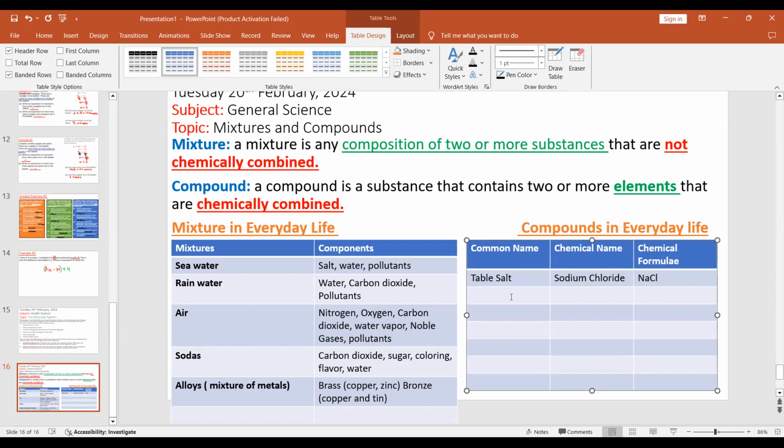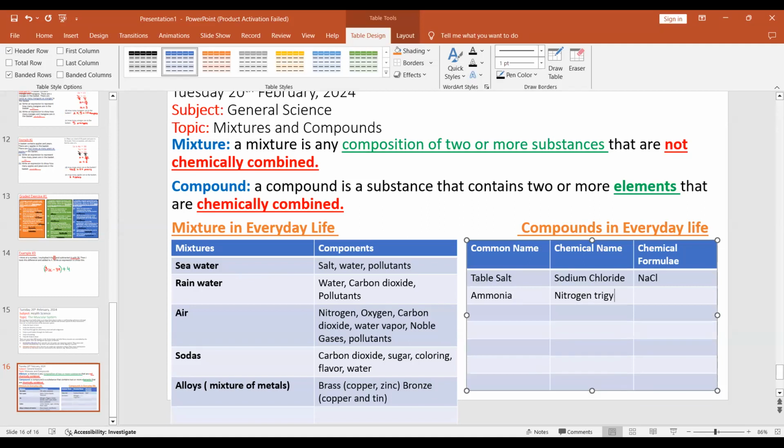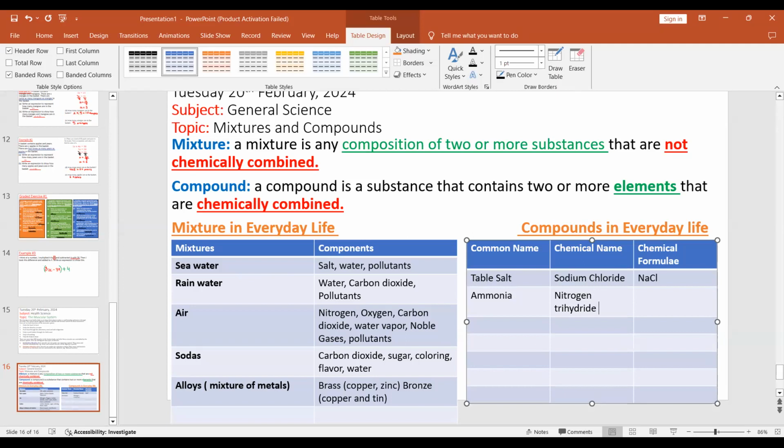Good, and then ammonia. Its chemical name is nitrogen trihydride. What's the chemical symbol for nitrogen?